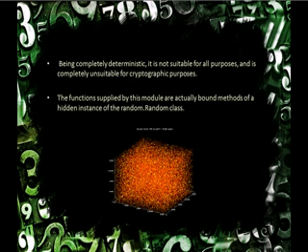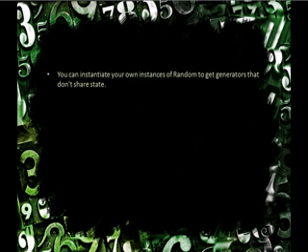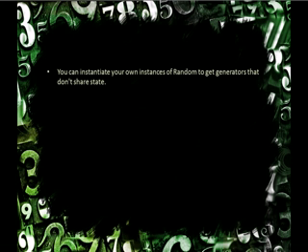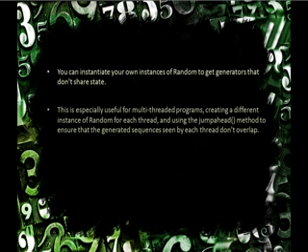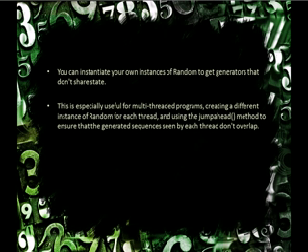The functions supplied by this module are actually bound methods of a hidden instance of the random.Random class. You can instantiate your own instances of Random to get generators that don't share state. This is especially useful for multi-threaded programs, creating a different instance of Random for each thread and using the jumpahead method to ensure that the generated sequences seen by each thread don't overlap.